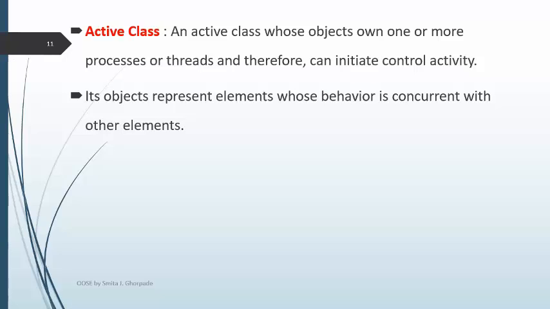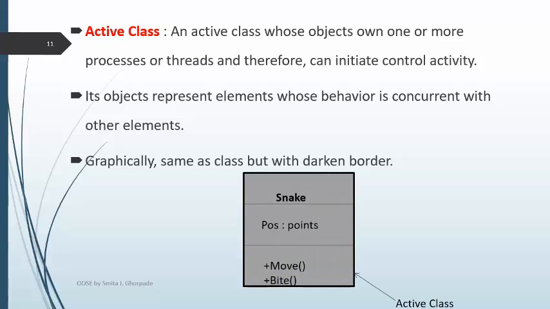An active class is very similar to a regular class except that its objects represent elements whose behavior is concurrent with other elements. Graphically, it is shown as a rectangular box with a darkened border. The same symbol is used for a class, but the border is light with a regular class, while in an active class, the border of this rectangular box is darkened.